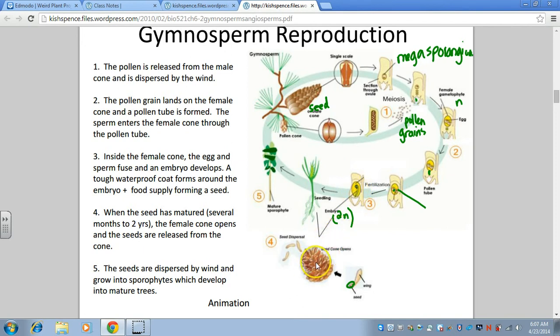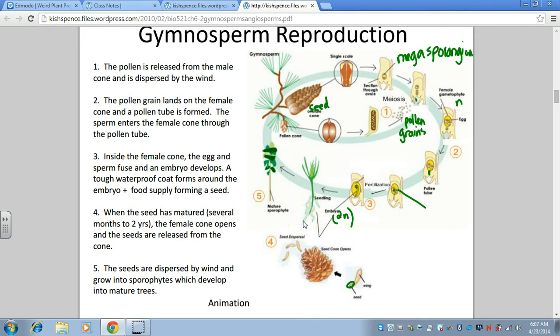Okay, so here's the seed cone. When the timing is right, it'll kind of open out so that the seeds can be dispersed in the wind. So here's the seed, and it's got a wing, so it can be dispersed easily in the wind.